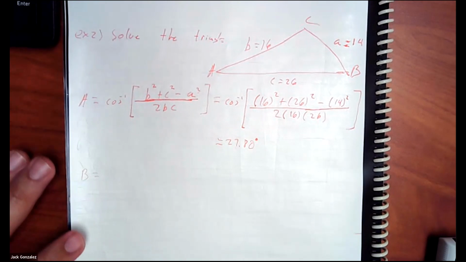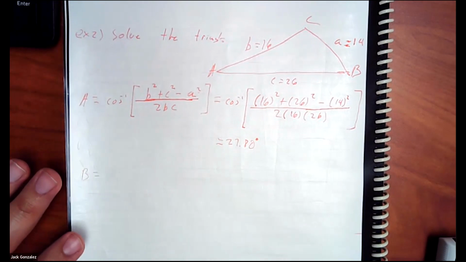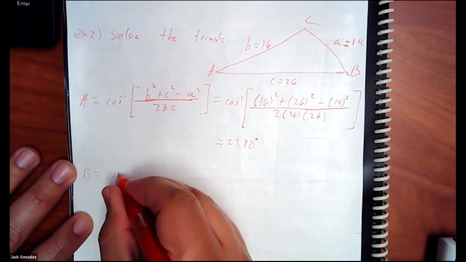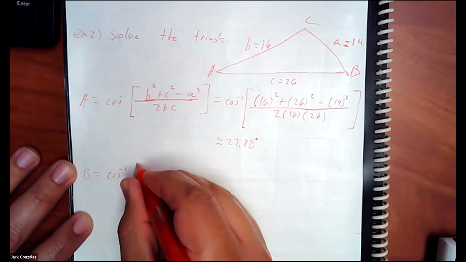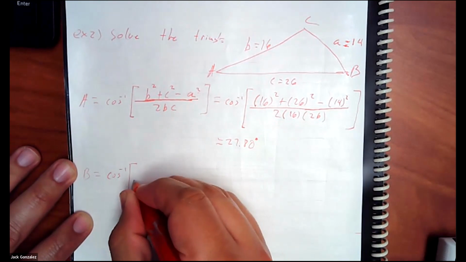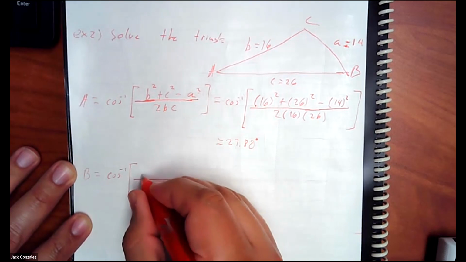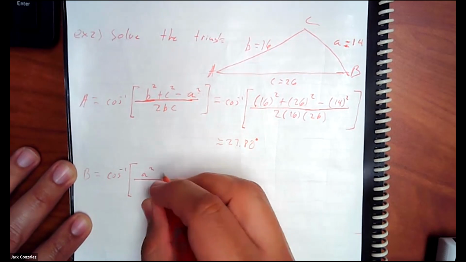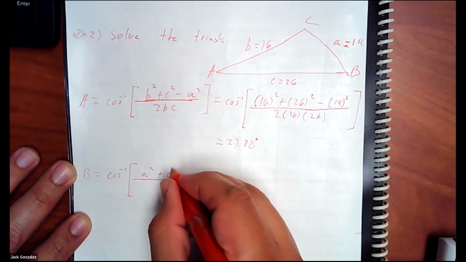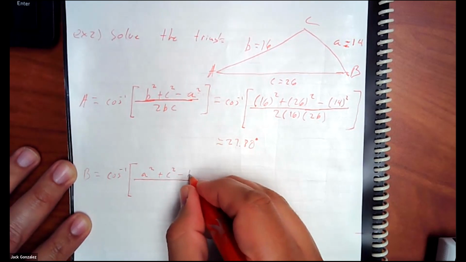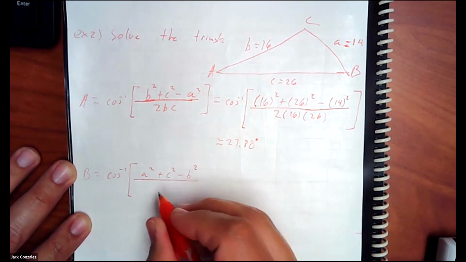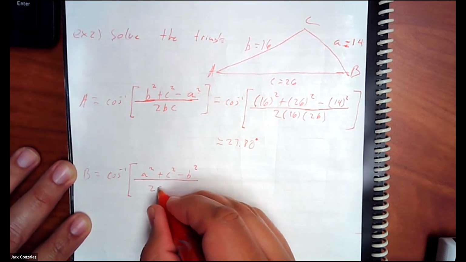Capital B. I believe it's this one, cosine inverse. It goes A squared plus C squared minus B squared over 2AC.